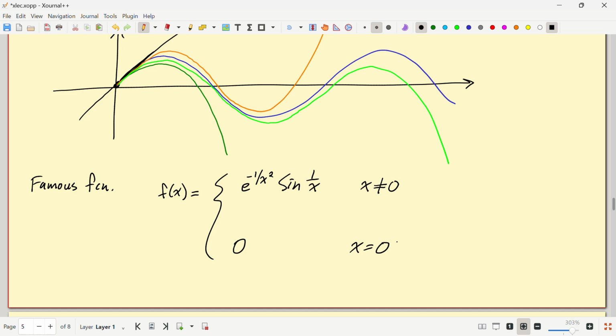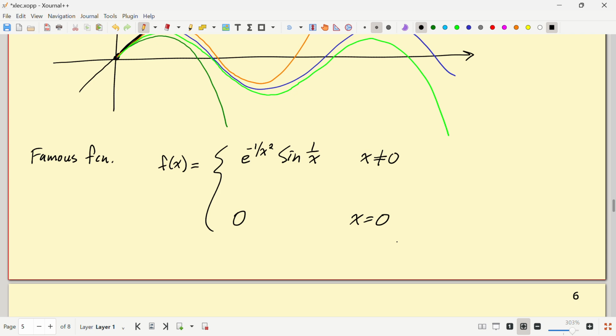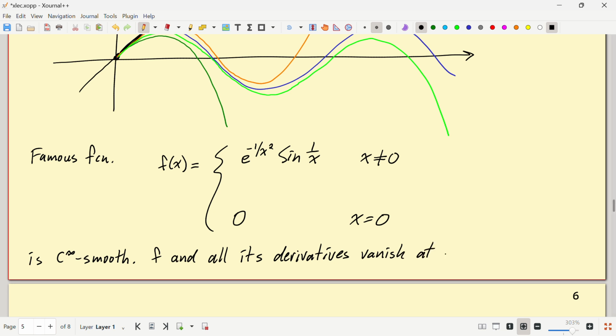That's a famous function. F and all its derivatives, it's actually C infinity smooth. It's infinitely differentiable, even at the origin. F and all its derivatives vanish. And so its Taylor series is just the zero function. And of course, it's not the zero function.